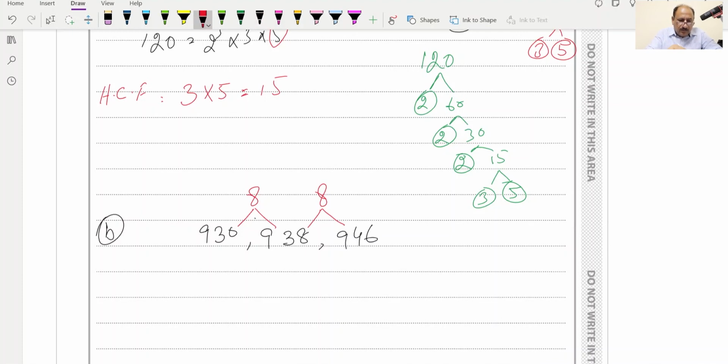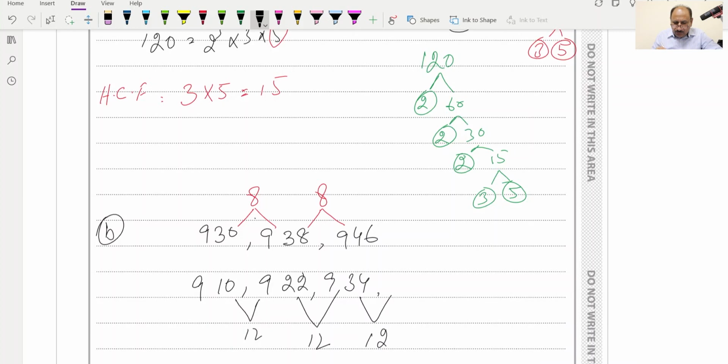Similarly we can write for the other alarm, which is starting at 9:10 with an interval of 12. We add 12 minutes, so it will be 9:22. Next also 12 minutes we will add, so it will be 9:34, and again 12 minutes will be added, so it will be 9:46.